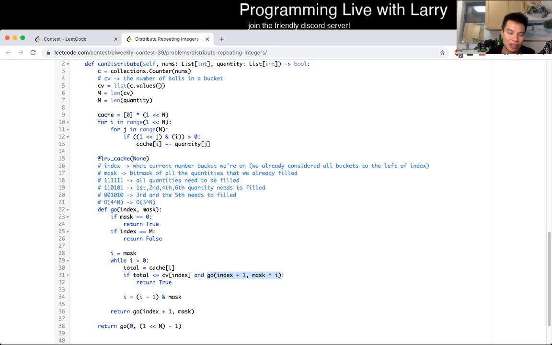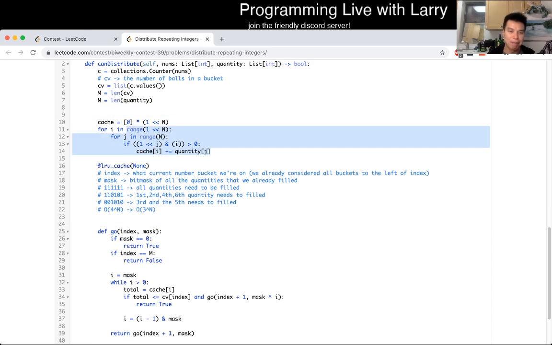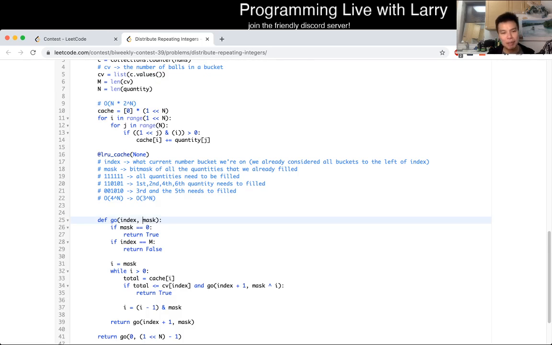So that's all I have for the explanation. I'm going to go over the time complexity here. This for loop is clearly n times 2 to the n, so this is going to be O of n times 2 to the n. In this case, it's a little bit tricky to explain, and it's actually easier if I do this bottoms up dynamic programming.